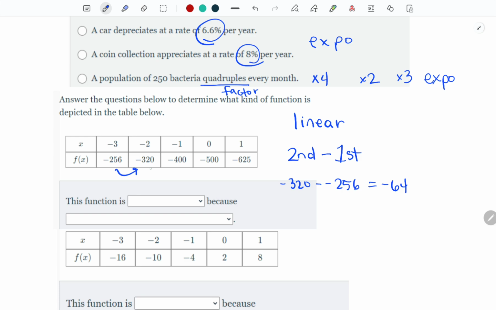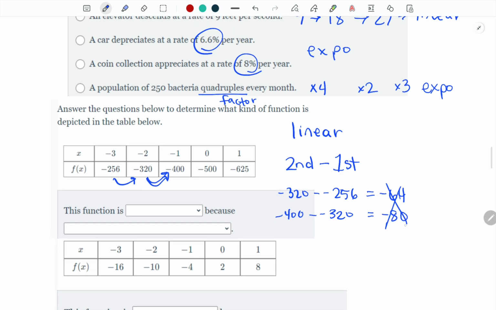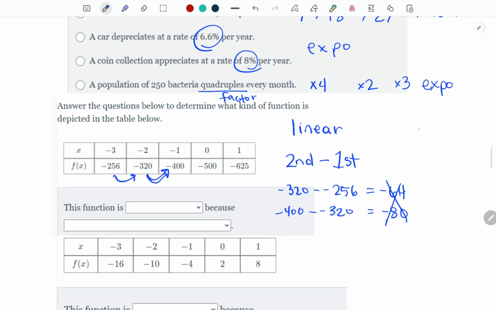If it is linear, the pattern will remain the same. I will be subtracting 64 the whole time. But I do this, I've got negative 400 minus negative 320. You might be able to just see it, and that's great. That is subtracting 80. My linear pattern is not the same. So I know that it is not linear.